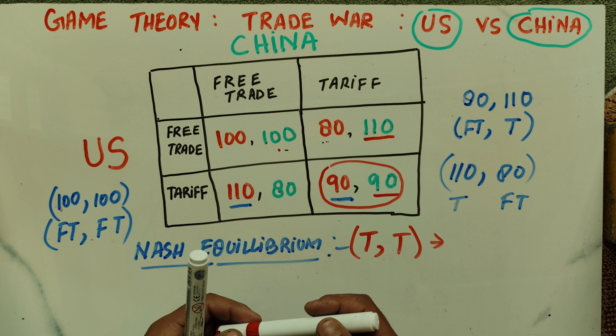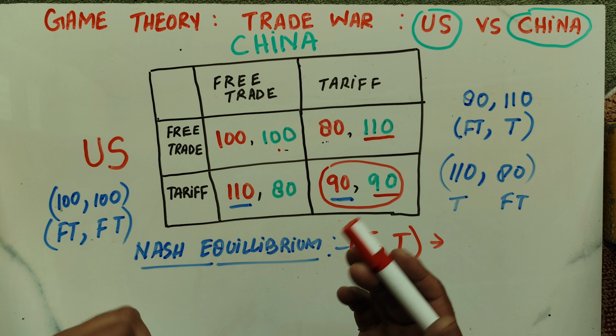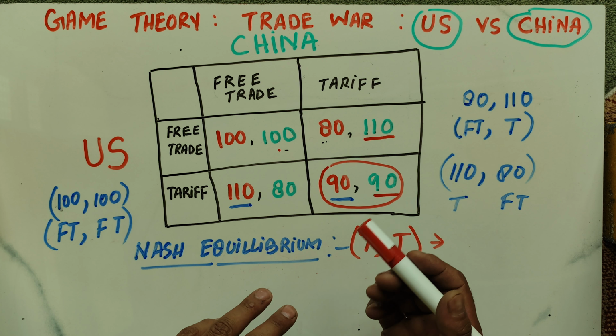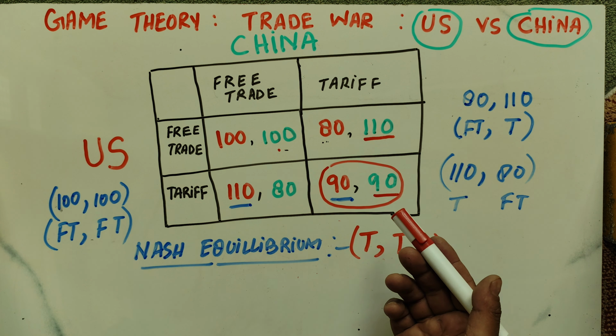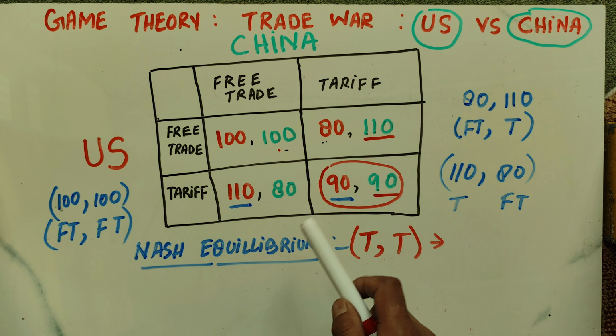So here is a case. For this tit for tat strategy, why does it happen? It does not happen because it is irrational for both the countries. No, irrationality is not here. It is because of miscalculations, because they miscalculate that if one party chooses tariff, the other party would not choose tariff as a retaliatory response.